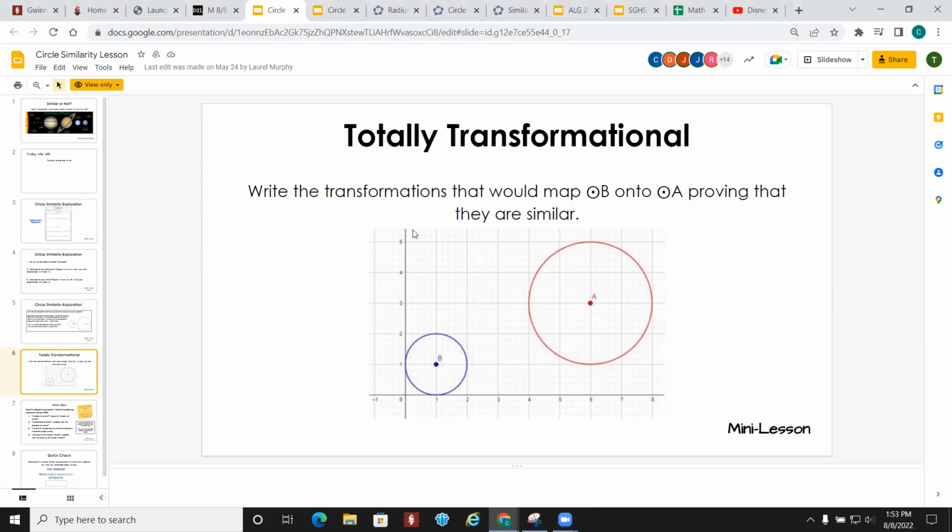So this has a radius of 1, and this has a radius of 2. Okay, so there's a dilation of 2. Okay, what else happened? Translation. How? It's rotated. Right 5.